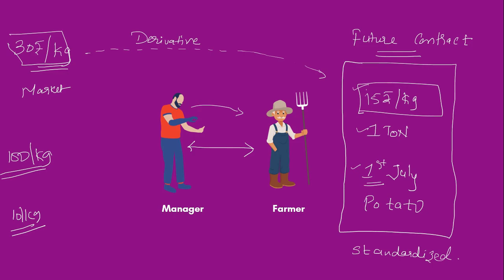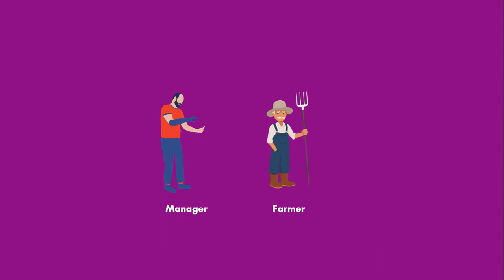Now if the manager and farmer want to work together ahead, then the manager can offer the farmer multiple contracts. That means the manager can offer the farmer to grow crops for him for the next 6 months. So every 2 months the farmer is supposed to give the manager 10 ton of potato. Now for the next 6 months, the manager and farmer can decide the pricing today itself.